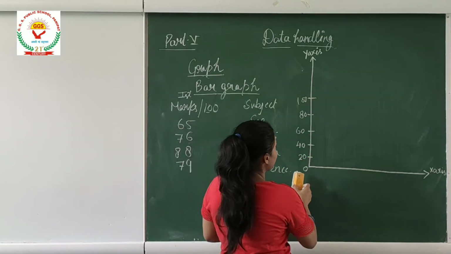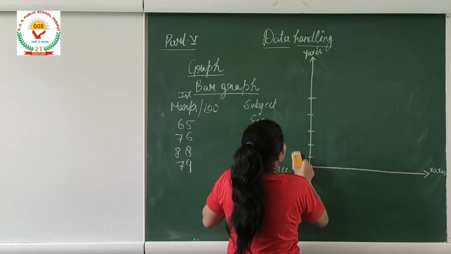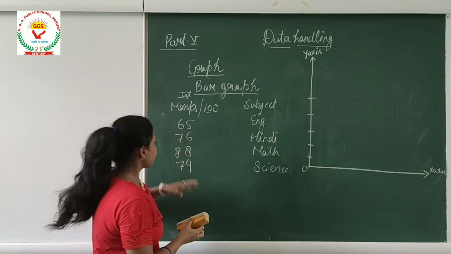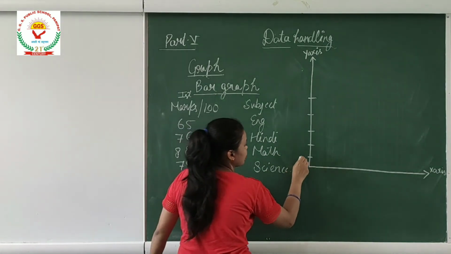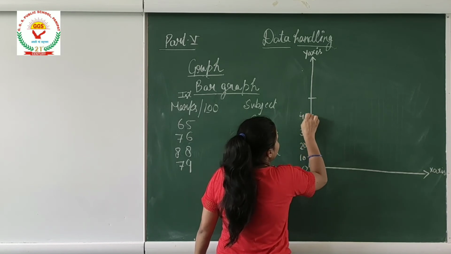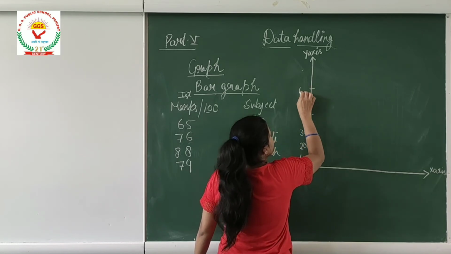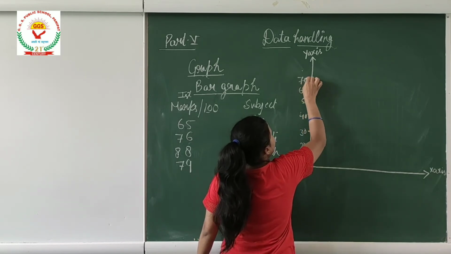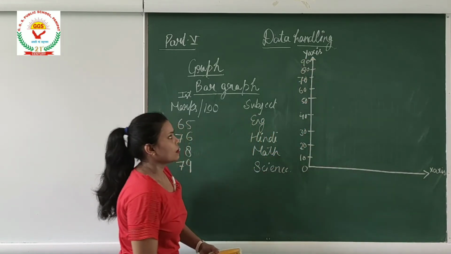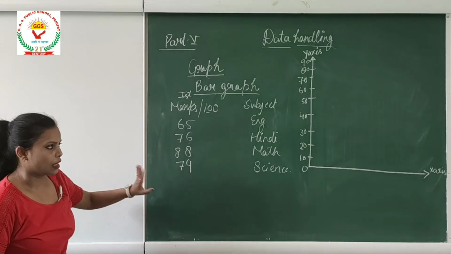Alright, it will not change or be random. So for this data we can take 10, 20, 30, 40, 50, 60, 70, 80 and 90. Up to 90 we can draw all these marks, right?